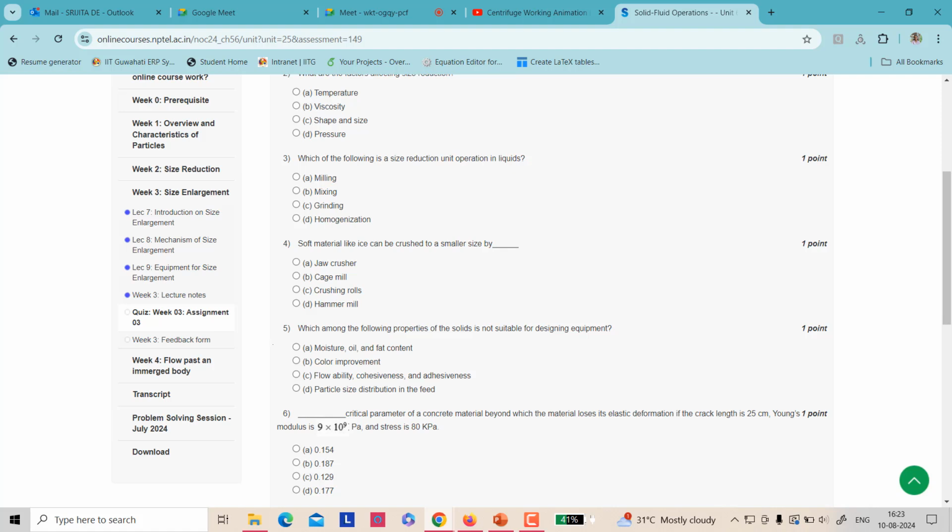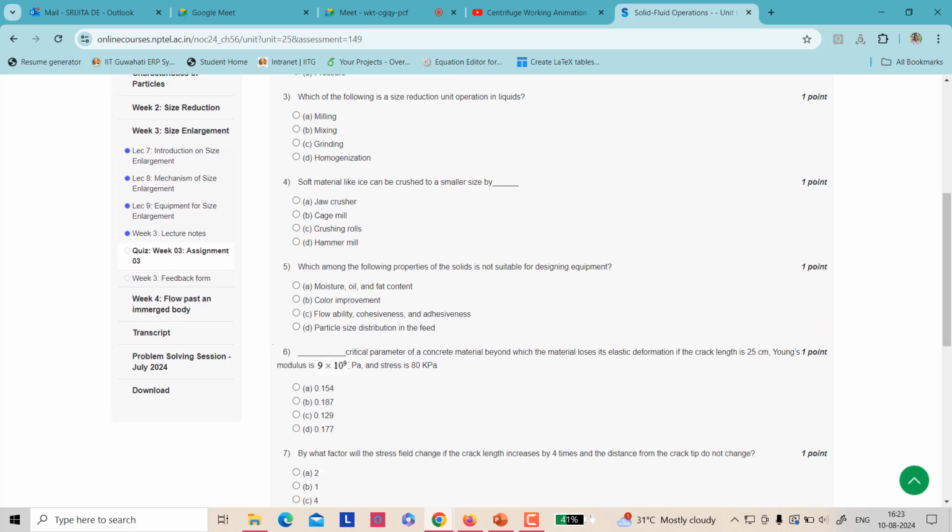Which among the following properties of the solid is not suitable for designing equipment? My answer: moisture, oil, and fat contents are suitable for design. Color improvement is also common.